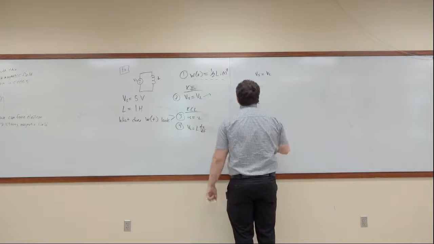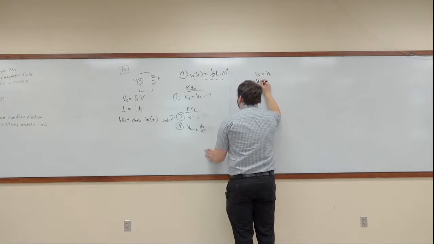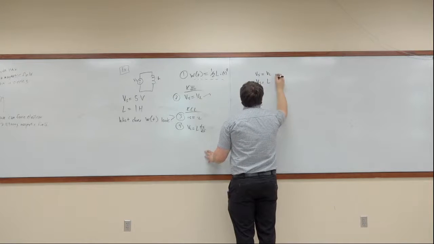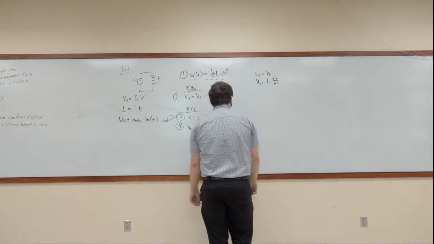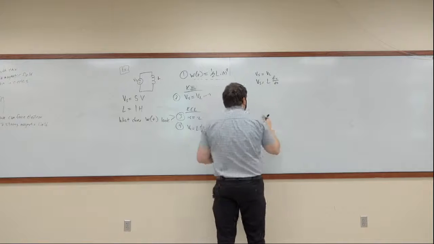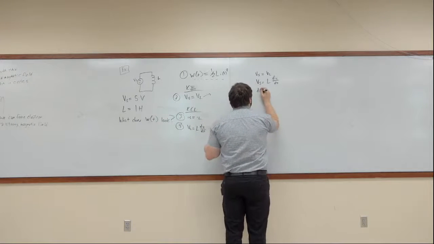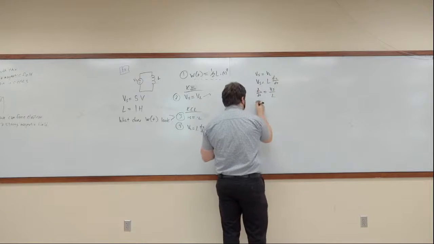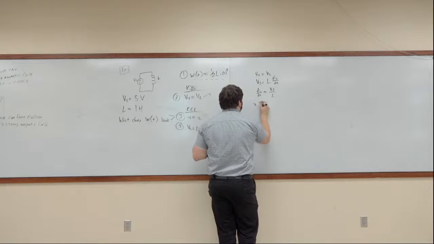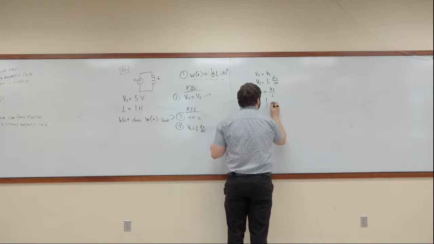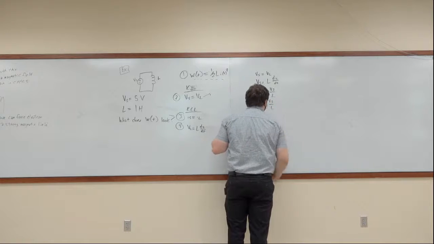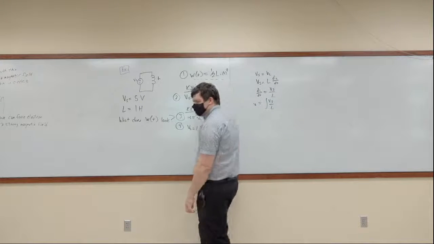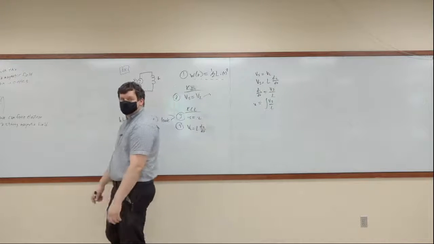But I'm going to jump into this one, and now we can say VS is equal to L diL/dt. Okay? So then we can rearrange that, solve for I. diL/dt is equal to VS divided by L. We take the integral of both sides, and we have IL is equal to the integral of VS over L dt.